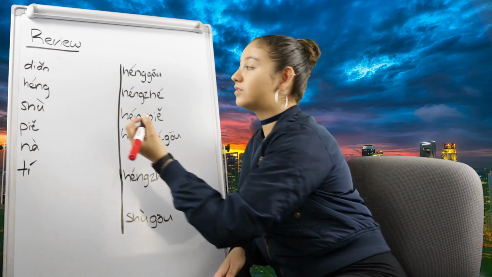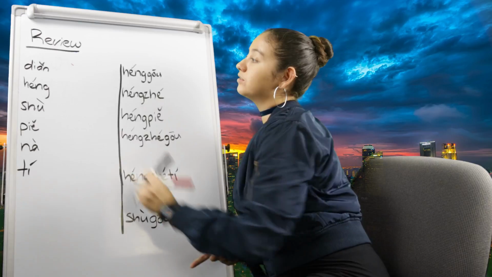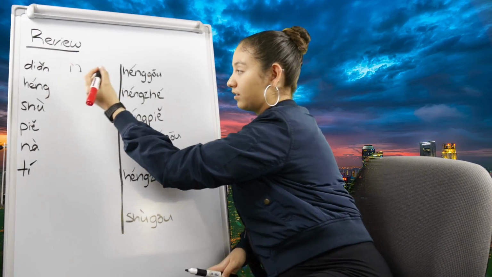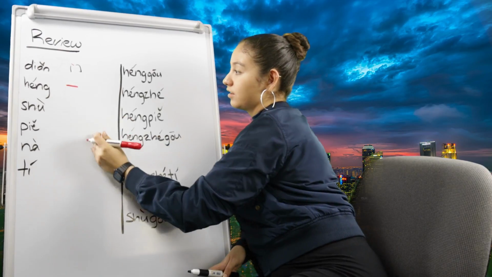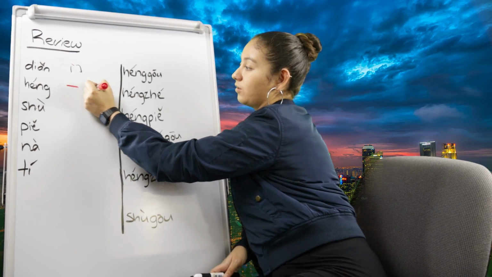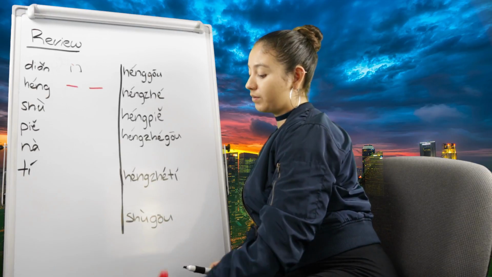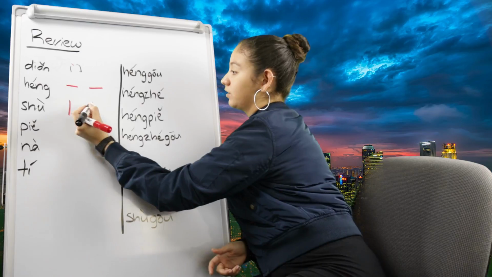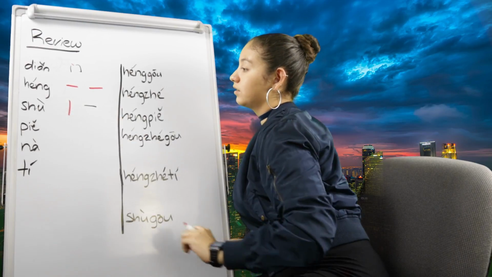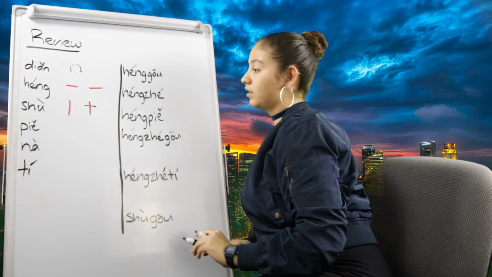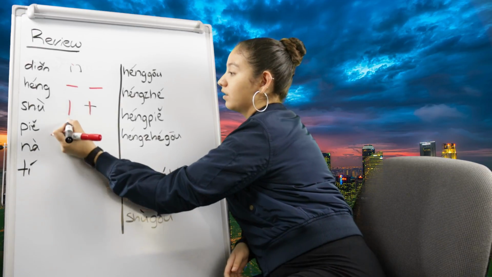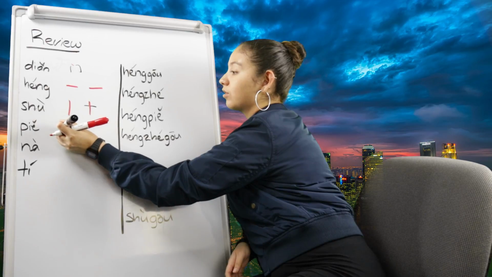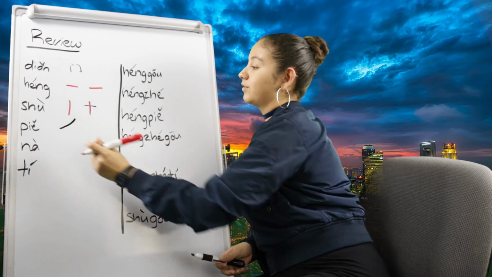So here we have our first one, Dian. This will be used in a character such as that one. I have Hung, which is exactly as our letter number 1, E. Then we have Shu, going straight down, which will be used in a character such as this one. Then we have Pie, which is going from upper right corner to lower left corner.